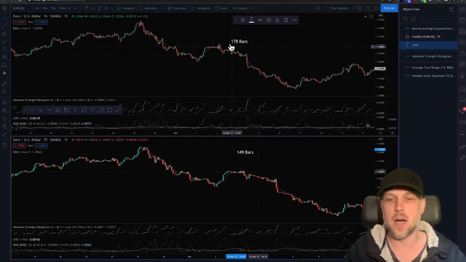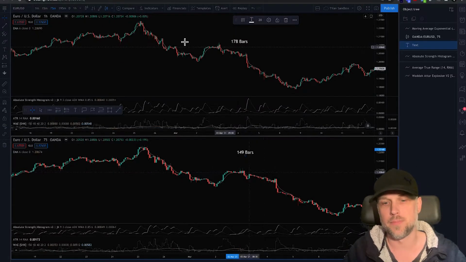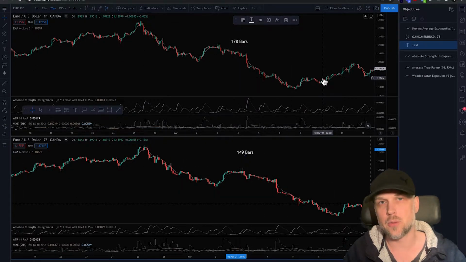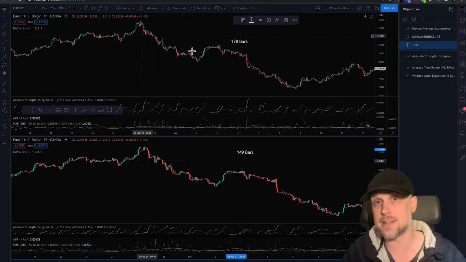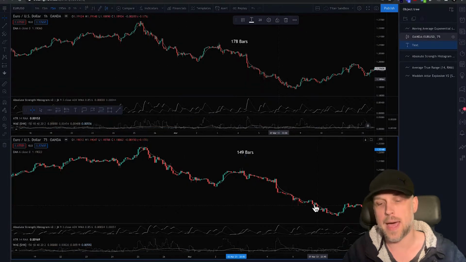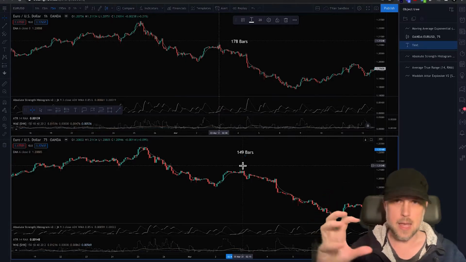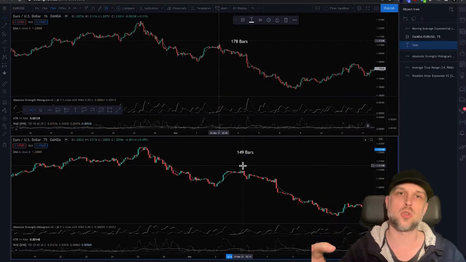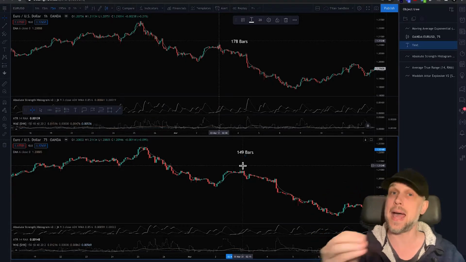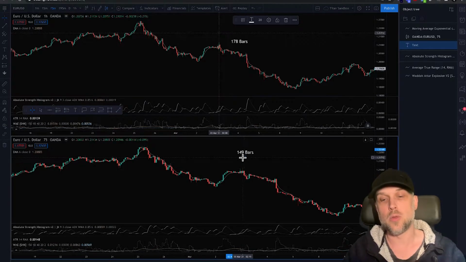So how many of the 178 have wicks that are really long? And then how many of the 149 in the different time frames? Same trend, different time frame. How many wicks are we getting? Because again, it goes back to wanting to make sure that our indicators are as accurate as possible. So it's going to be the ratio between the two.